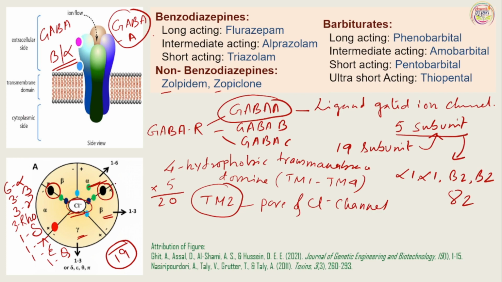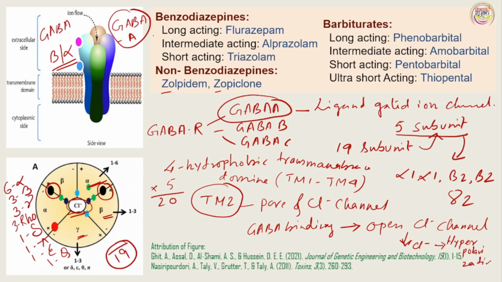These are the GABA binding sites. When GABA binds to its specific site, it opens the chloride channel. As a result, chloride comes inside and causes hyperpolarization. It is nothing but the depression effect.